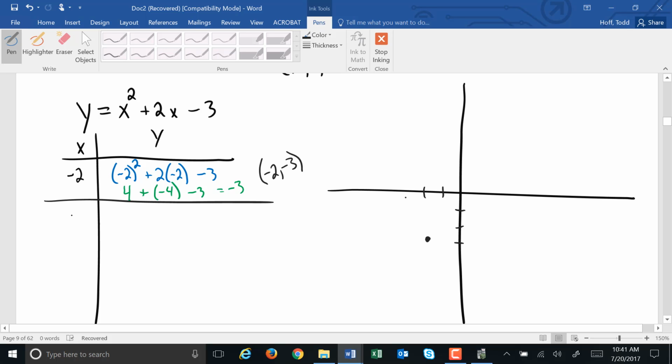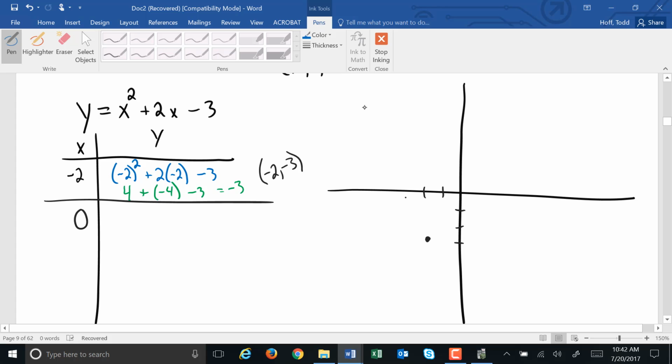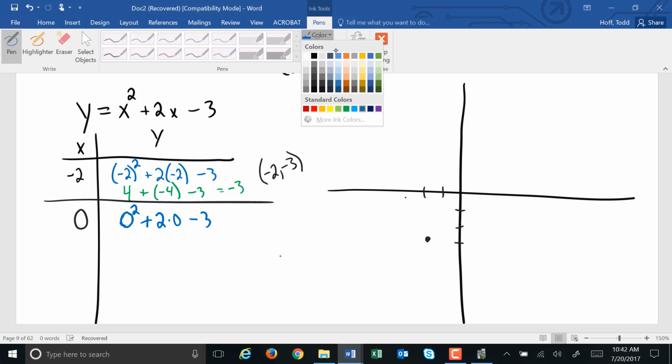Now let's do x is 0. If x is 0, what's my expression for y going to be? I put in 0 wherever x is, so 0 squared plus 2 times 0 minus 3.